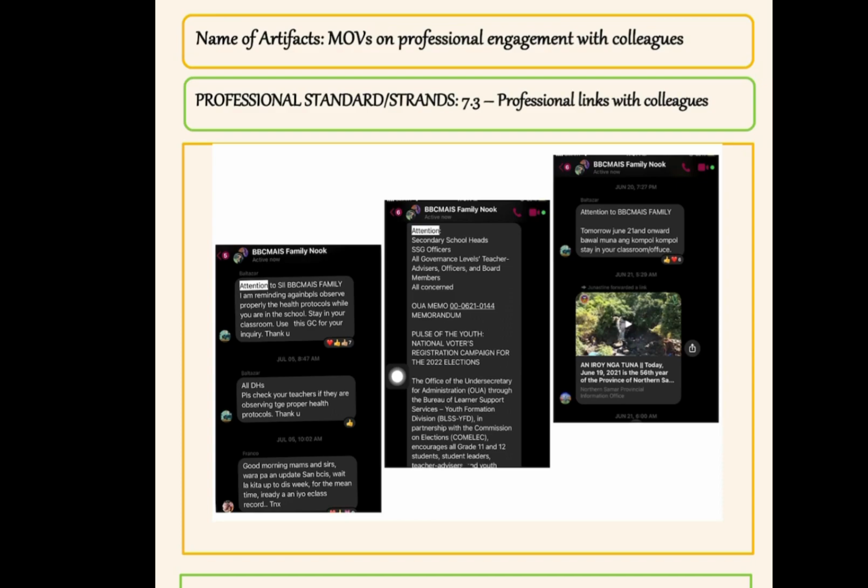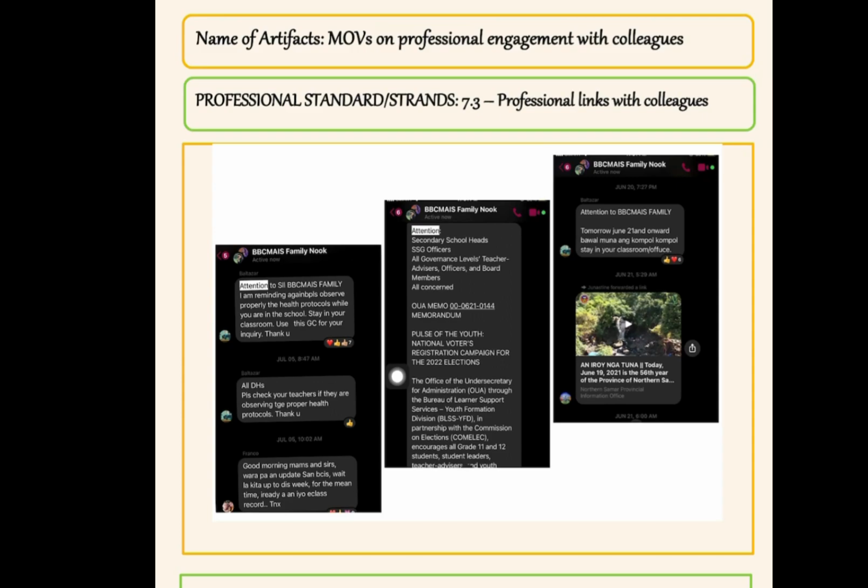So its professional standard or strand is the professional links with colleagues. Okay, one of the examples for this is our group chat. So I put here my annotation supporting this attachment.